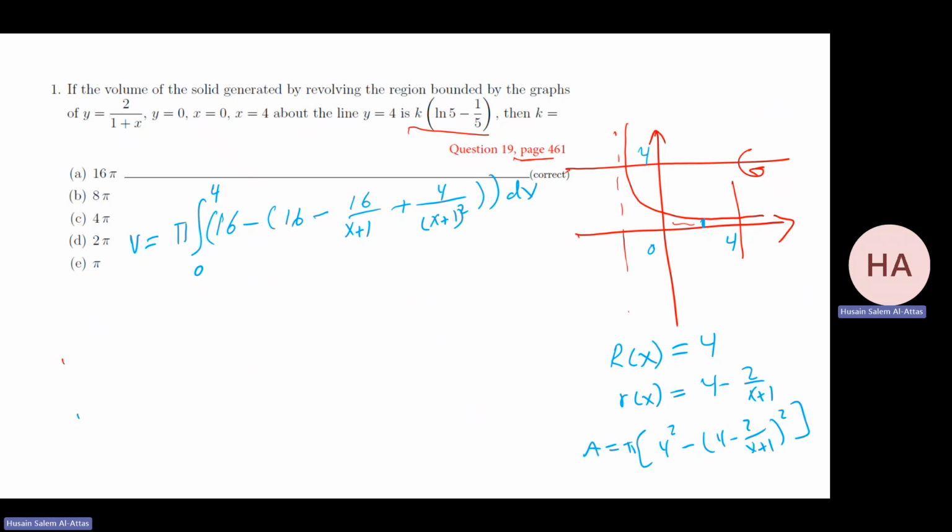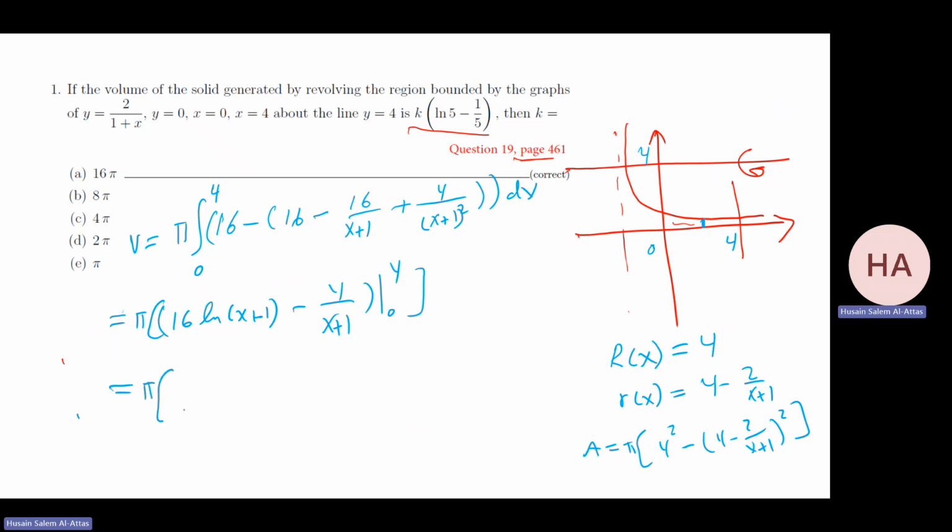So 16 minus 16 gone, minus 16, that gives me 16 ln(x plus 1). This is minus 4, so it will be minus 4 over x plus 1, just an integration from 0 to 4.